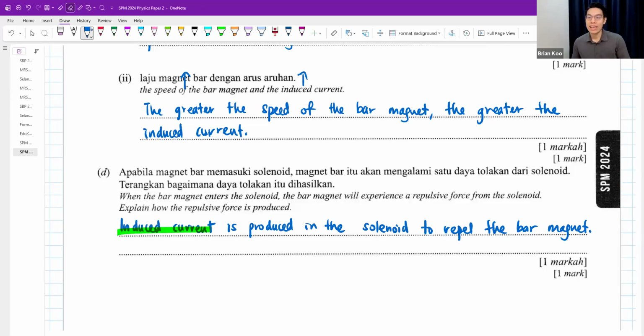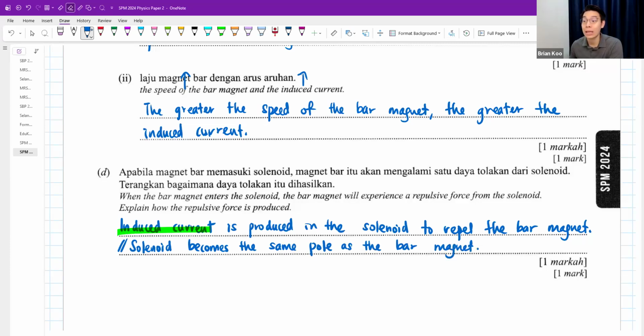Or another way that you can say it is, because some people will also mention, they know that when you talk about Lenz's law and when you're dealing with a solenoid, you will usually talk about the poles of the solenoid and all that, right? The solenoid will become north and south. So you can also say the solenoid becomes the same pole as the bar magnet.